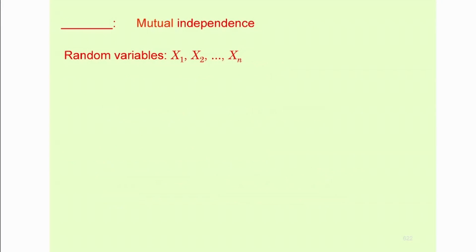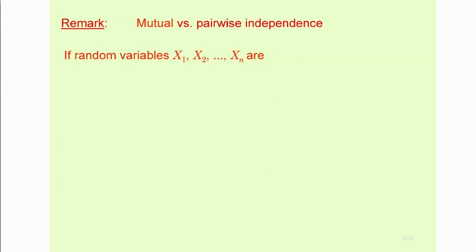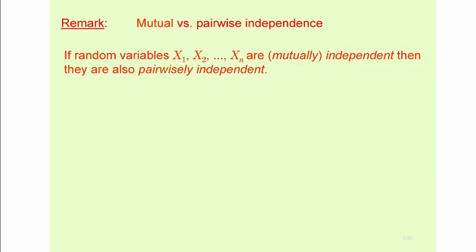Now let's continue. I'm going to address the relationship between the two. Of course, if they're mutually independent, they're also going to be pairwise independent. If all of them are independent, then if you grab just two of them, those two are going to be independent all the time.